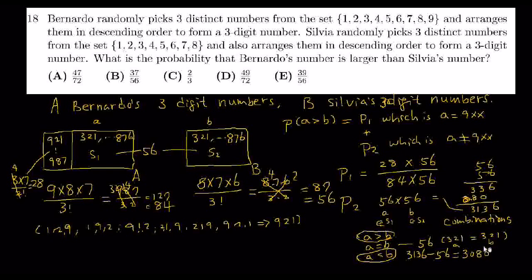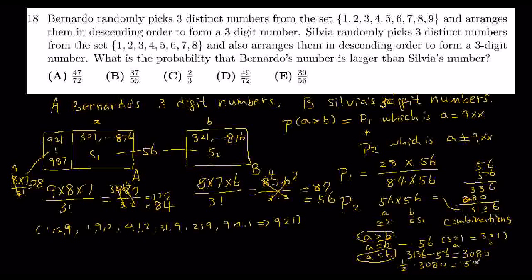That's the total pairs with either A greater than B or less than B, and half of that, 3080, is 1540.